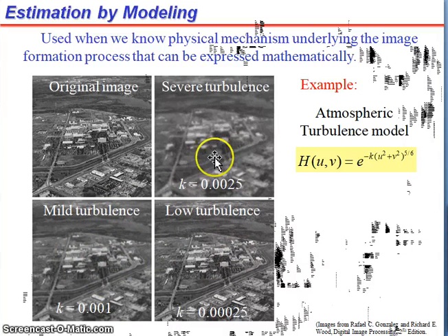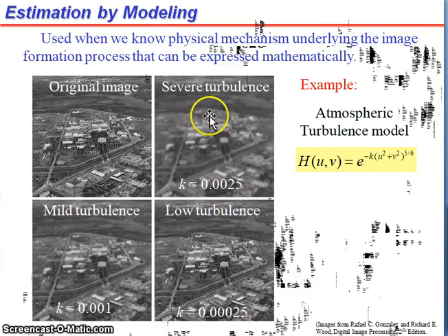These three are degraded images. Suppose this is an original image, but due to atmospheric turbulence, I may get some modification in this image.